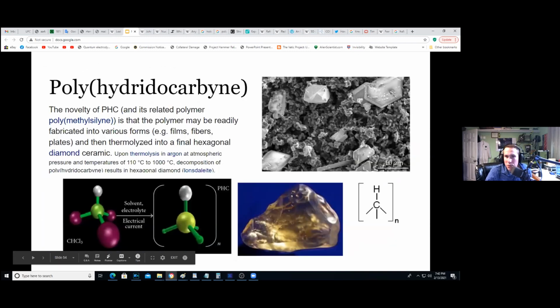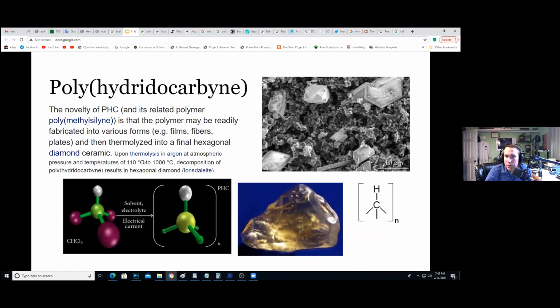There's also printable diamond, this stuff called polyhydridocarbon, or PHC. It's a polymer that may be readily fabricated into various forms like films, fibers, plates, and then thermalized into a final hexagonal diamond ceramic.